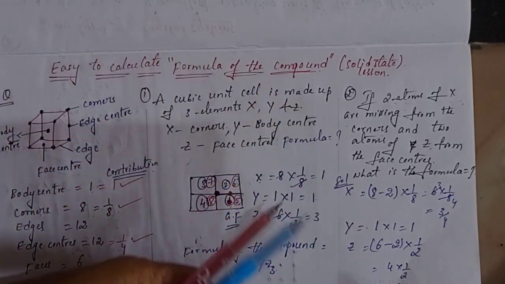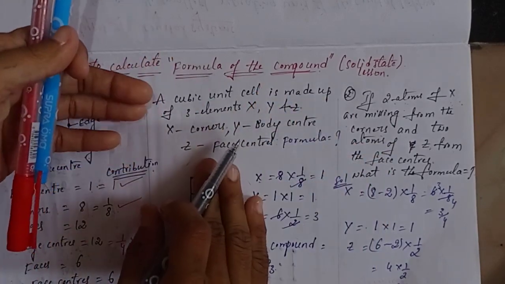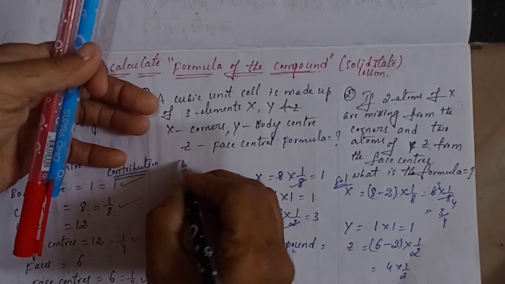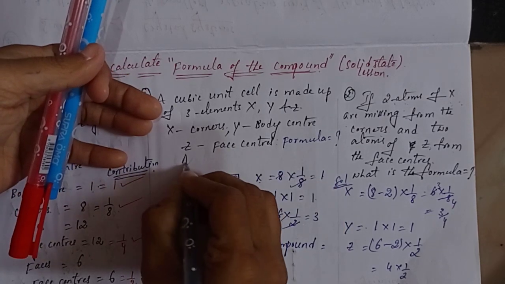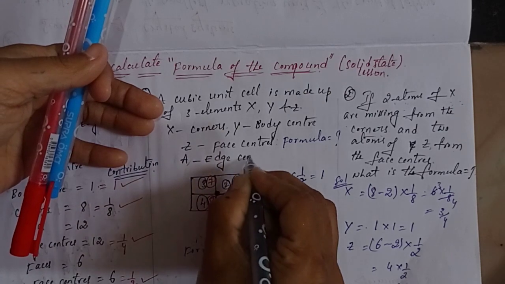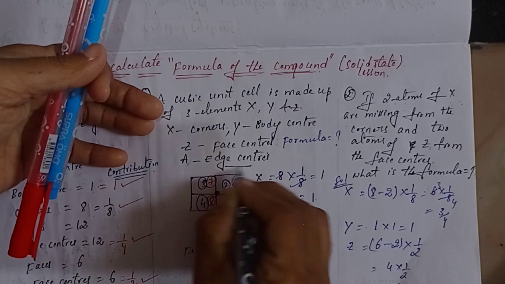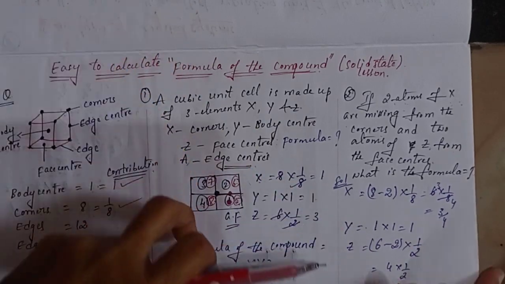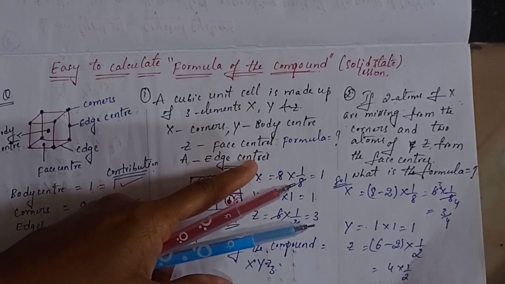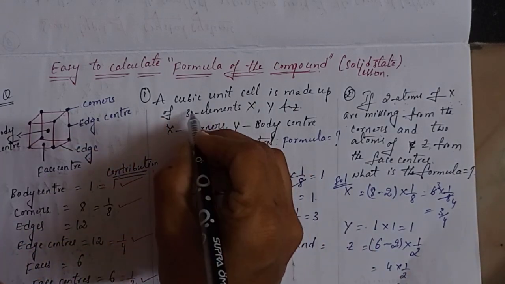Here you take X, Y, Z, which we already took. So one more I am taking, students. Suppose A atoms I am taking. Suppose A atoms are present at the edge centers. Clear this one, edge centers. Okay? So please add this also, then you can easily understand this problem. Suppose the compound is made up of 4 elements, students.